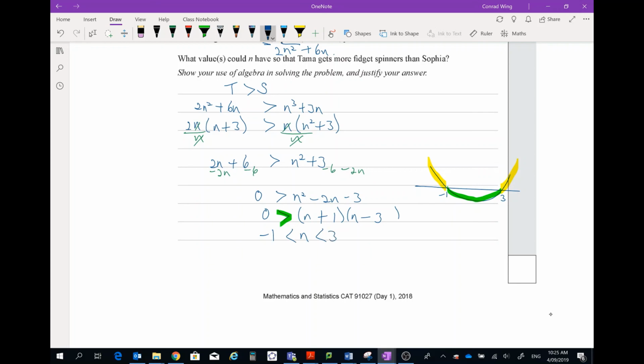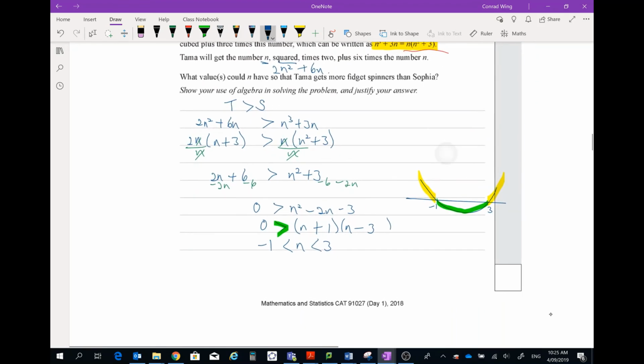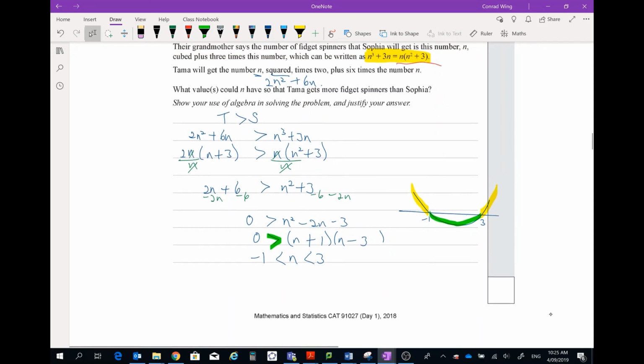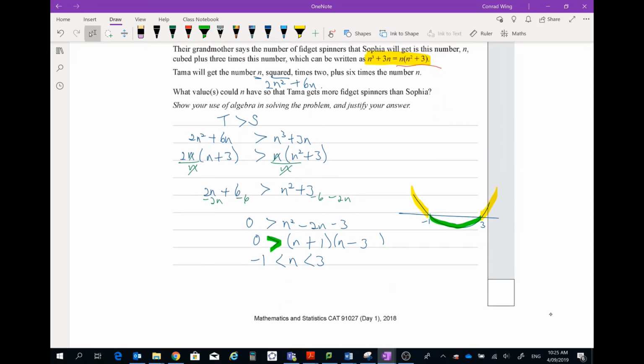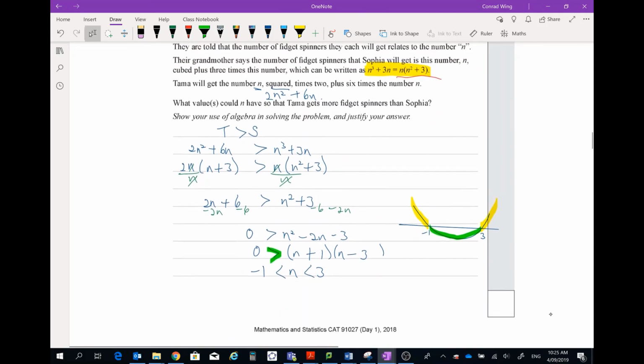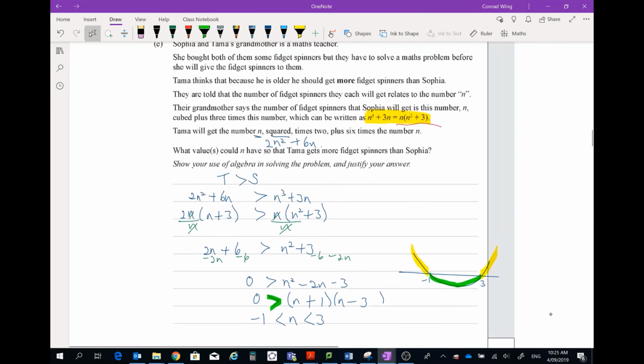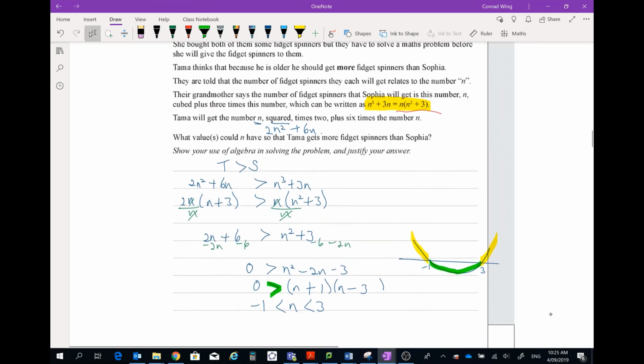So n has to be between negative 1 and 3, but then Harry's correctly pointed out n has to be, why does it have to be 1 or 2? She's just chosen this number n.